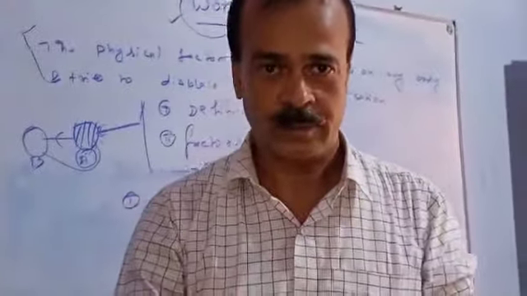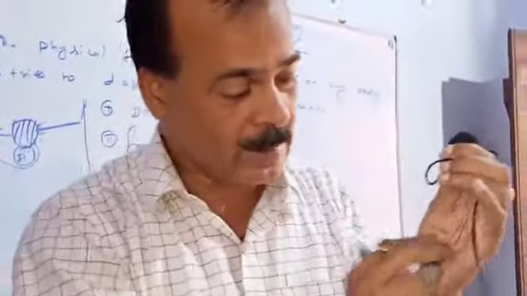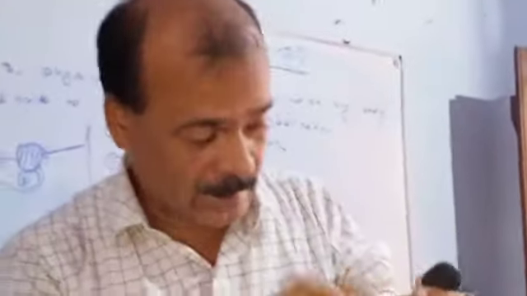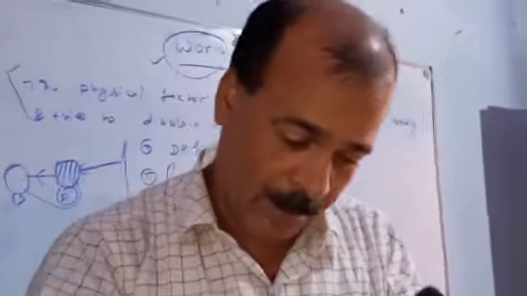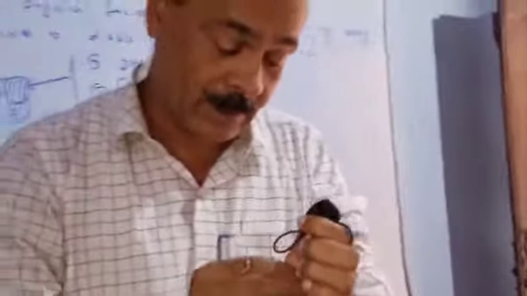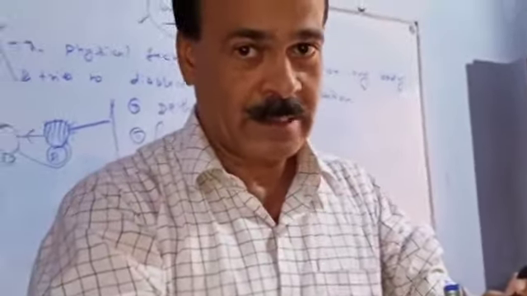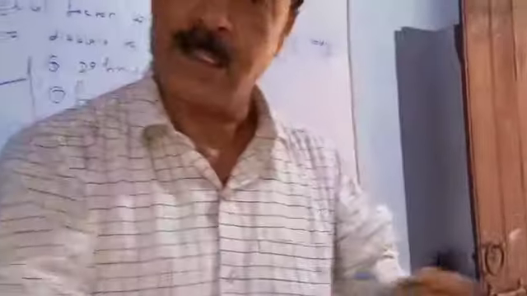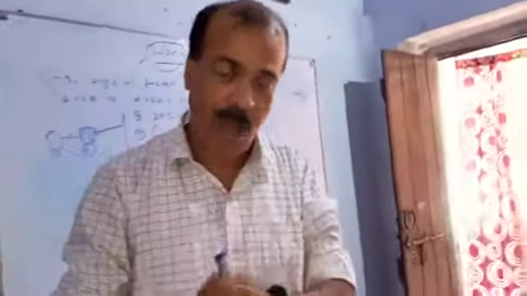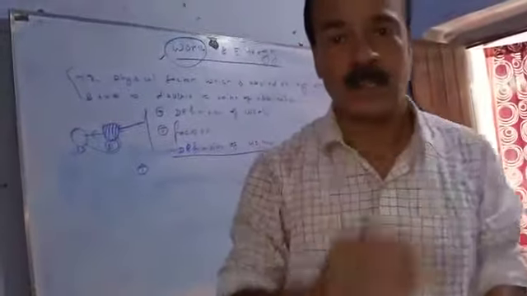First, I told you that when force is applied on a body, that body changes its position. It gets displaced. When displacement is done, when the point of application is changed, work is said to be done.